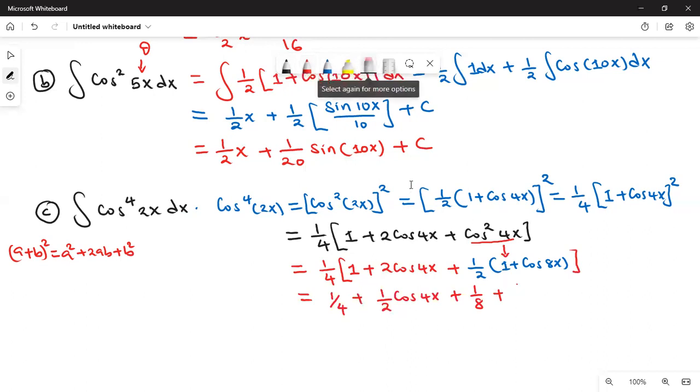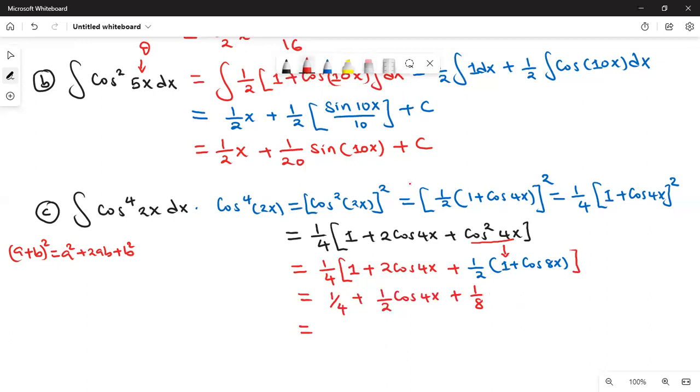in bracket, 1 over 8 in bracket, 1 plus cos 8x. And then you can now open it fully so that you see I'll be having 1 over 8 plus 1 over 4. 1 over 8 times the entire bracket will give us 1 over 8.